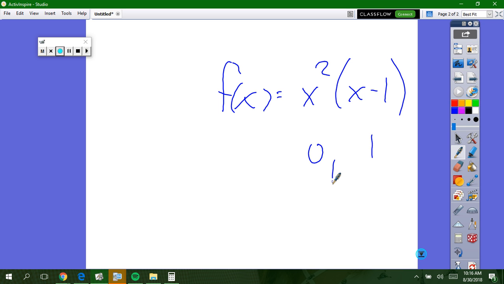What's the multiplicity on this 0? 2. I have 2 of them here, don't I? Hence the x squared, because I could write that as x times x. Hence there's 2 zeros happening at 0, but really I only have to write it once, don't I? So do you guys understand technically it's 2 times it's at 0, hence the squared? How many zeros are at 1? 1.